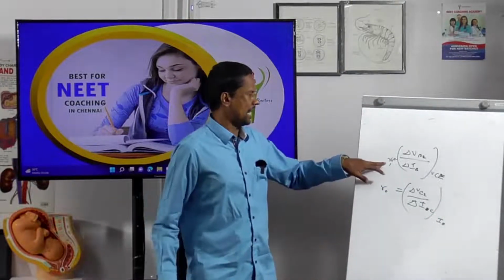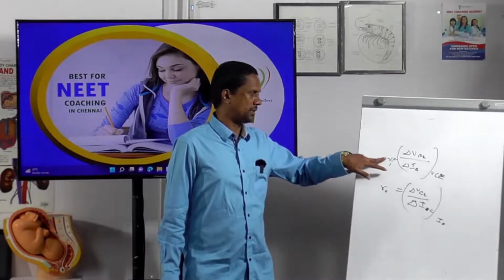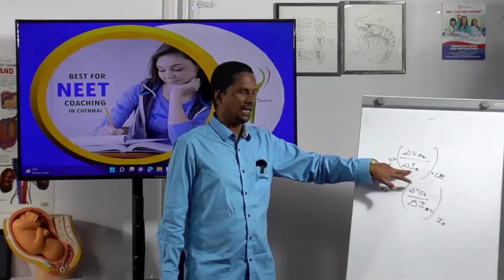So this one is RI. Input resistance is equal to delta V by delta I.